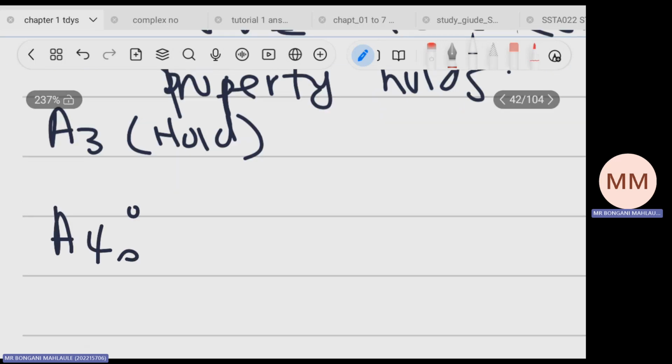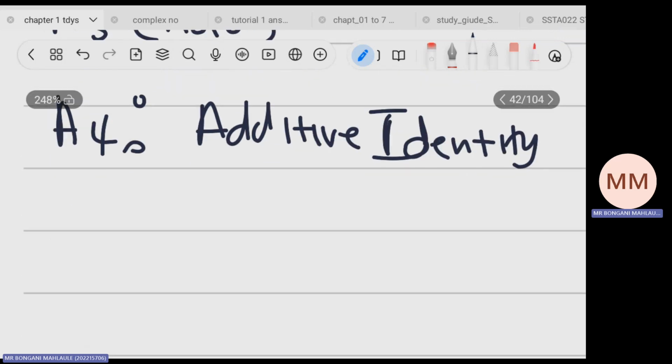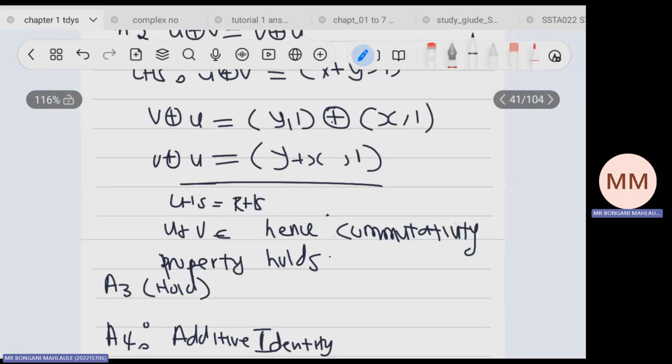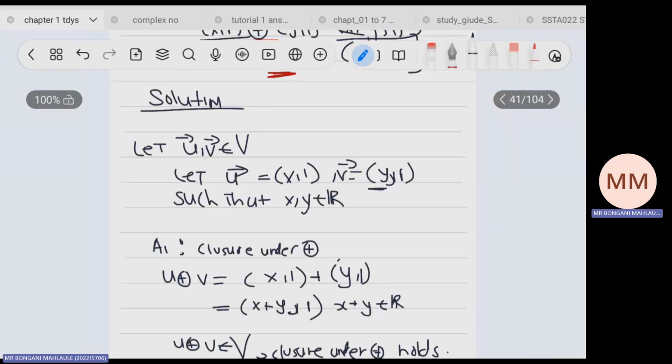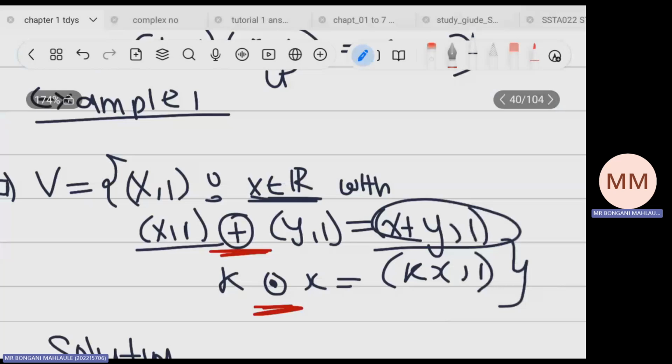And then axiom 4, the additive identity. That is to check the additive identity. So I can say let 0 be equal to, since you come back here, you see that your vector was defined like this: element comma 1.